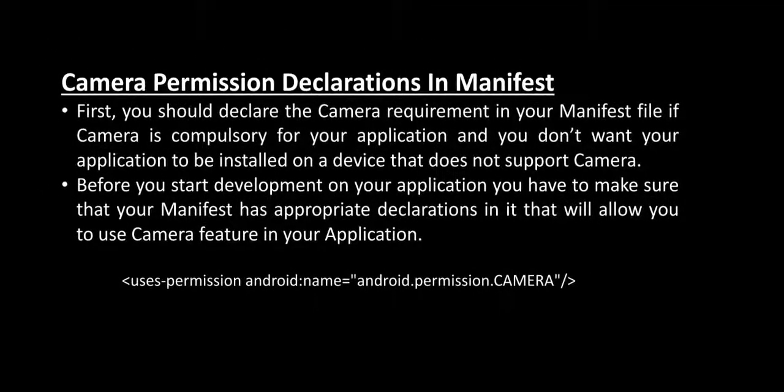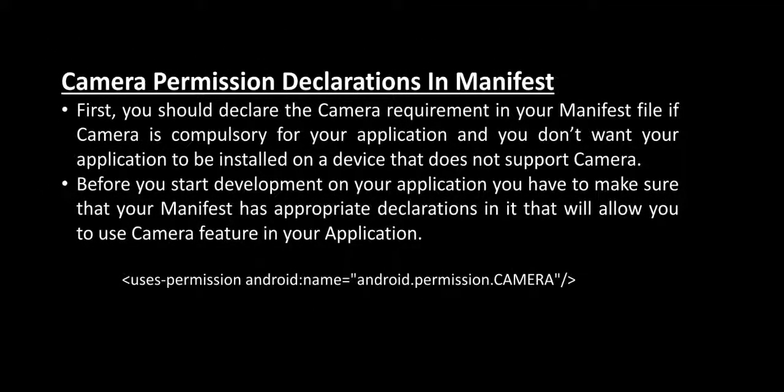Camera permission declaration in the manifest. First you should declare the camera requirement in your manifest file if the camera is compulsory for your application and you don't want your application to be installed on a device that does not support the camera.